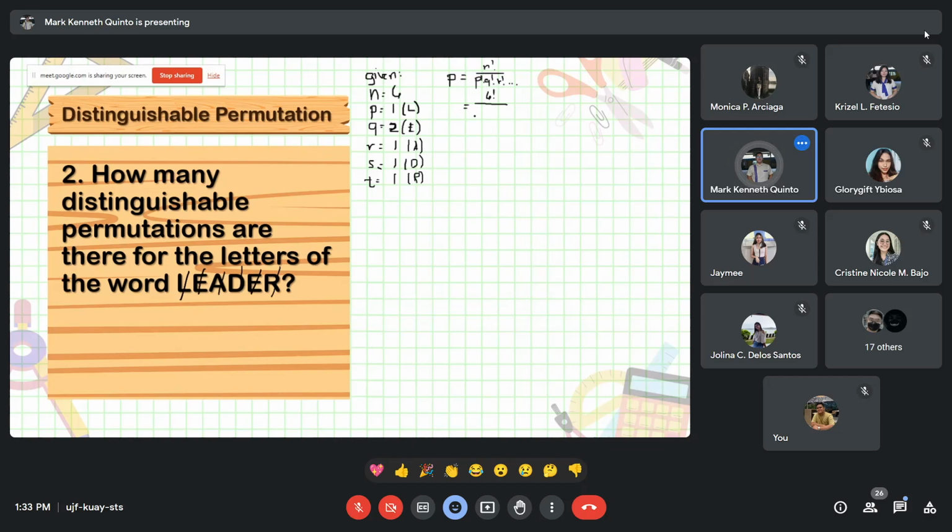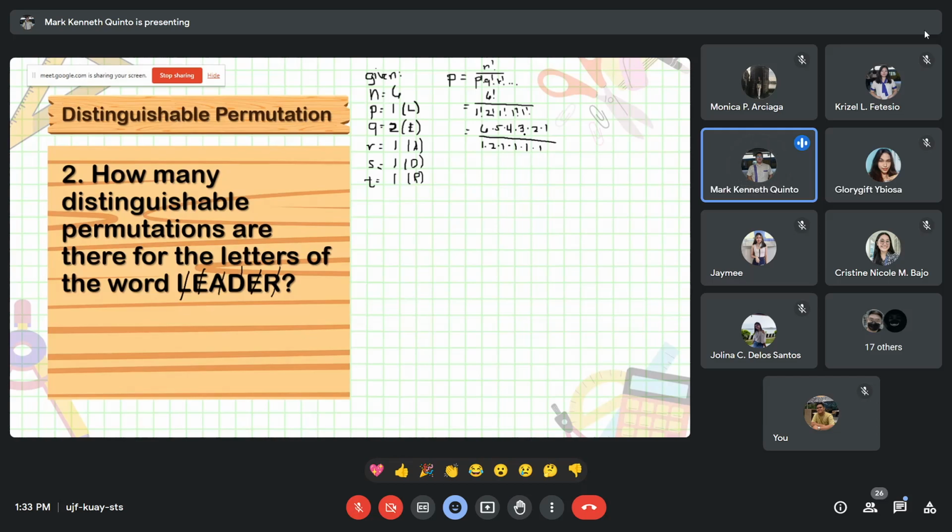So p is 1 factorial, q is 2 factorial, r is 1 factorial, s is 1 factorial, and t is 1 factorial also. Let's expand 6 factorial. That is equal to 6 times 5 times 4 times 3 times 2 times 1 all over 1, then 2 factorial, that is 2 times 1, and the other three are just 1, so times 1, and times 1.